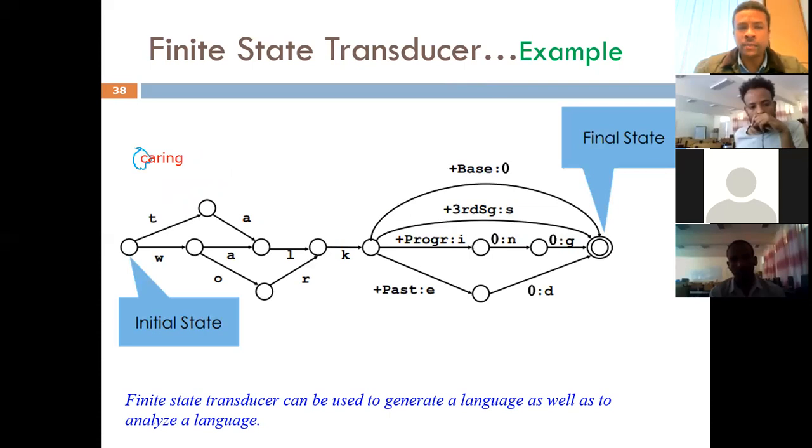But the finite state model said that a word should start either with T or with W. So it means that this word is not acceptable in this language. So by using such a finite state model, you can check the spelling of a word. You can check whether the word is correctly constructed or not.